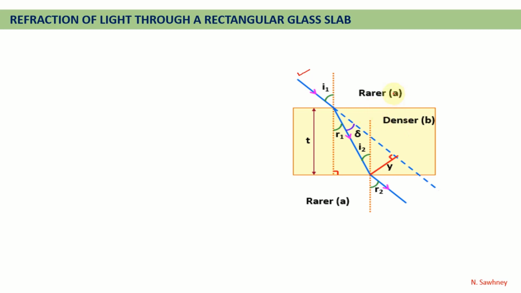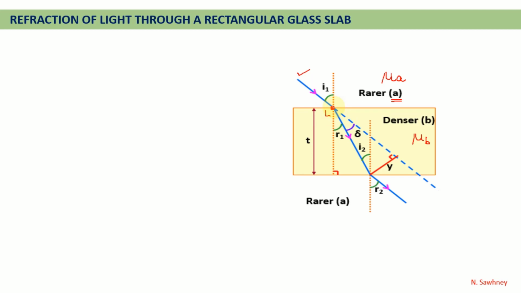Let the rarer medium be represented by A, that is, it is having refractive index of mu A, and the denser medium is having refractive index of mu B. So the incident light is striking at the interface. Let the interface be represented by L.